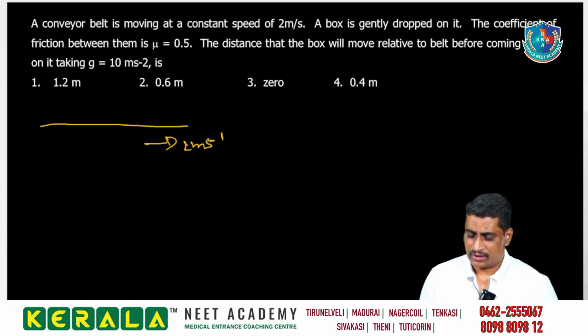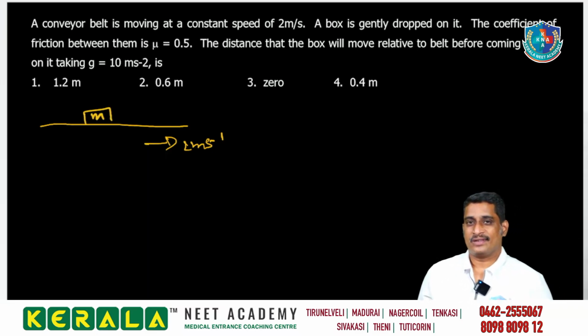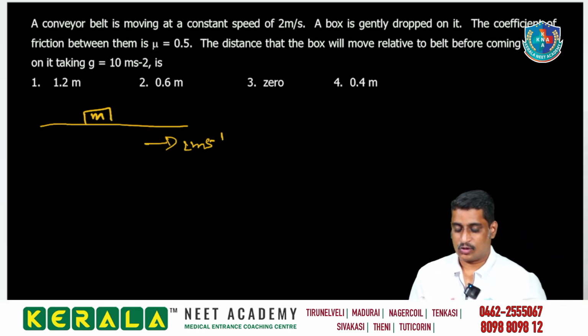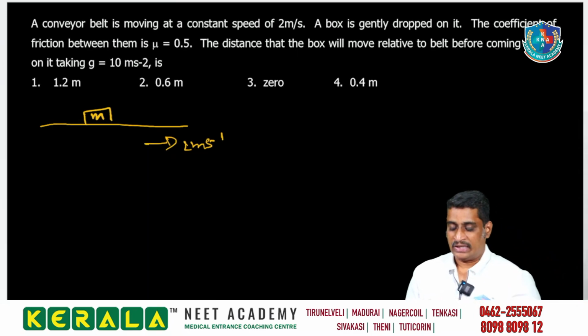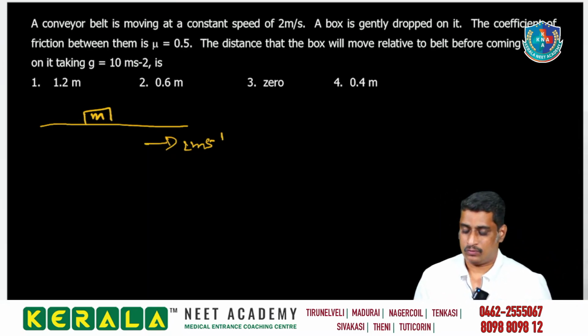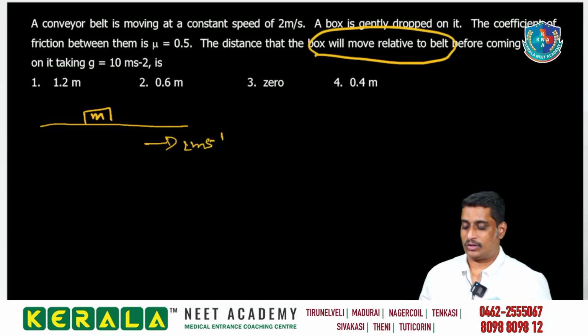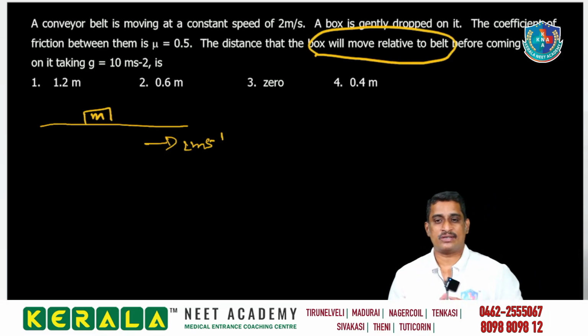A box is gently dropped on it. The coefficient of friction between them is 0.5. They're asking us to find the distance the box will move relative to the belt before coming to rest on it.